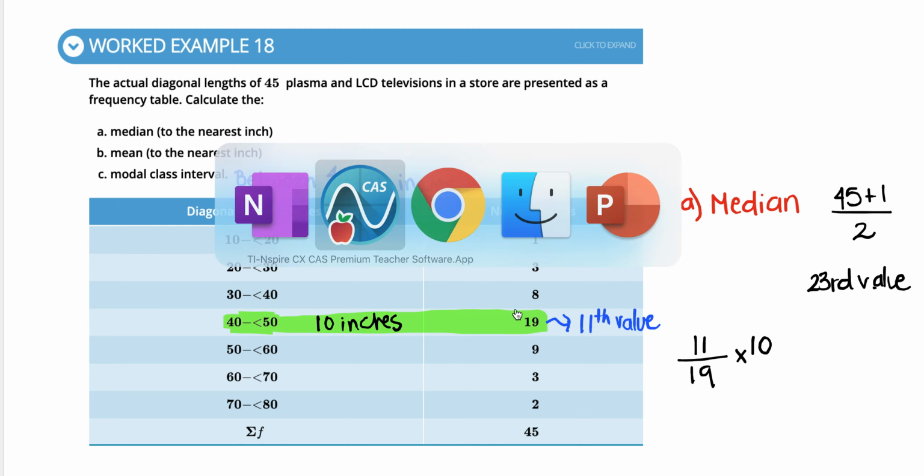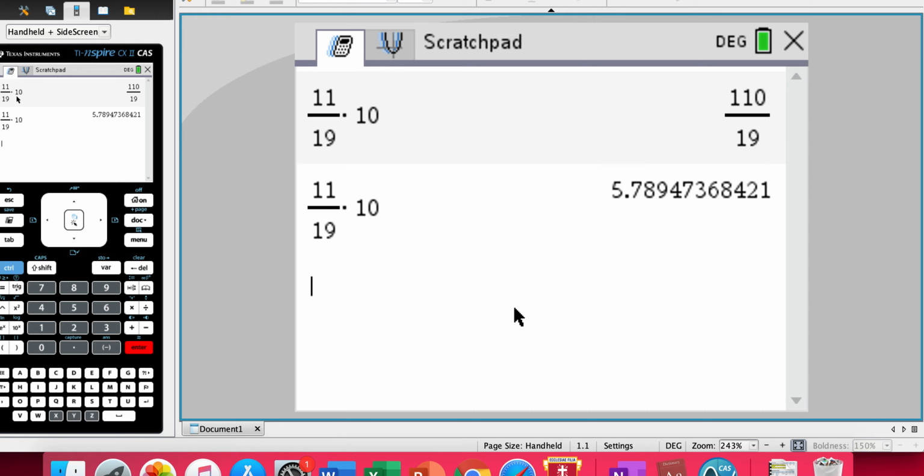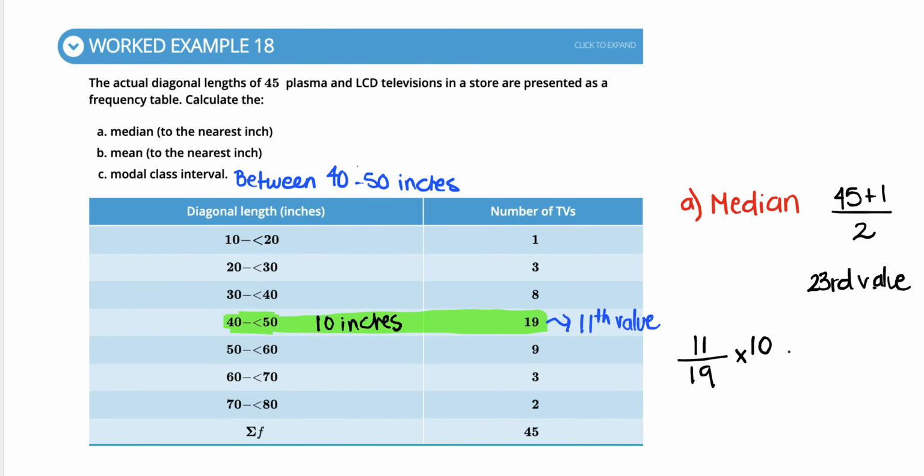If I go into my CAS and do 11 divided by 19 times 10, I get 5.78. I'm going to say 5.8 inches. So what I found is that it is 5.8 inches.